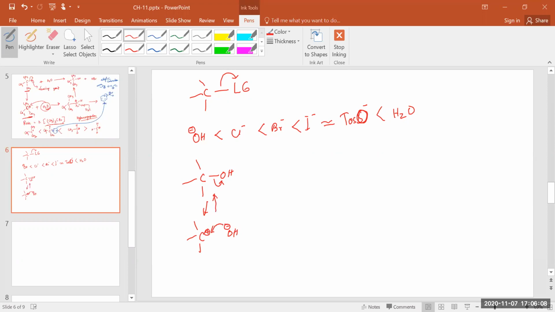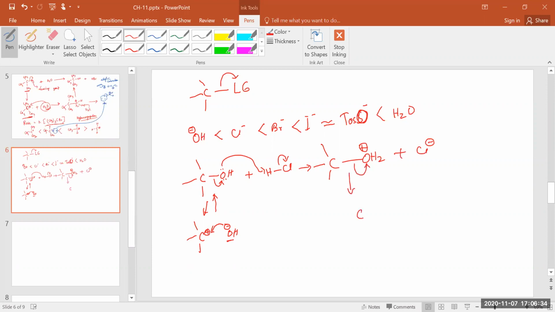But if it gets protonated, suppose with HCl, then it will be the best leaving group, plus Cl minus. Here it can leave quickly.